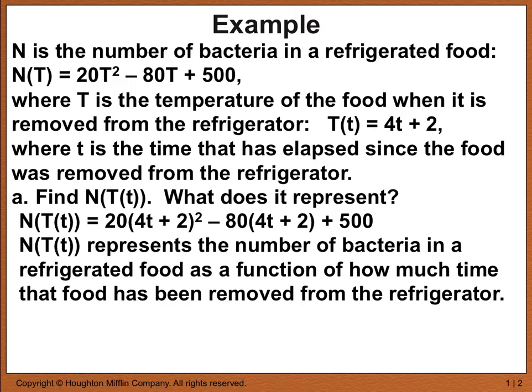We have this composite function so that we give the final result, number of bacteria, as a function of the very basic unit here, which is time. That's our independent variable. And so this is a bridge between number of bacteria and time, and the bridge function is the temperature function. Okay, so this is what it represents.